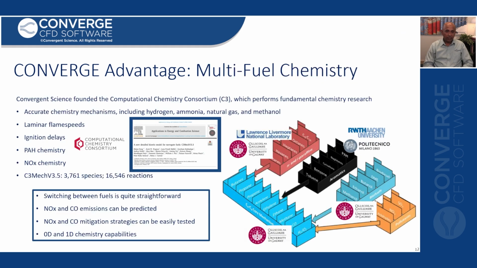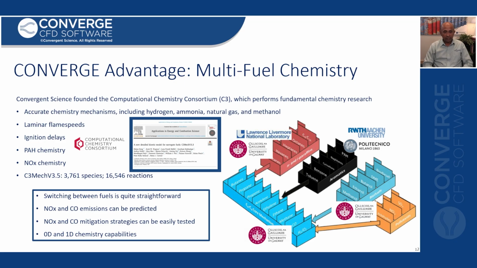Another advantage that I touched upon previously is the multi-fuel library that Converge has. With Converge, you have access to a lot of fuel chemistry, starting from methane to propane to hydrogen, all the way to dodecane, C12, and everything in between.